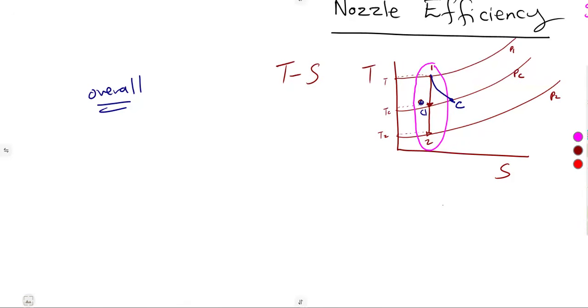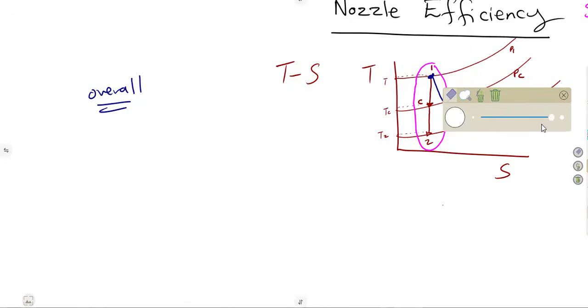Another one after that is from the diverging part, where you take from C to the exit, where this one is affected. This is 2 and this is now 2 bar. What happens if we take it from the inlet where it started, because it's now overall? The path is going to change.